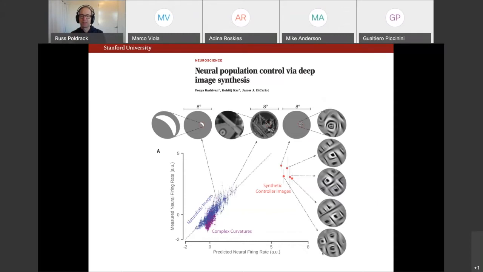What they can do is come up with these synthetic images you see on the right, what they call controller images, that cause individual neurons to fire more strongly than any of the many naturalistic images or other complex types of images that they show.